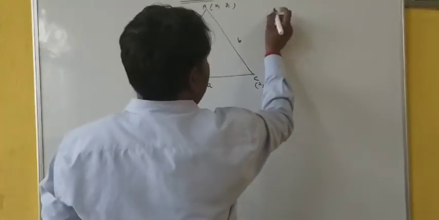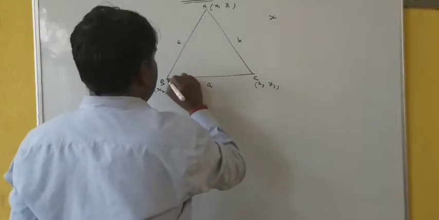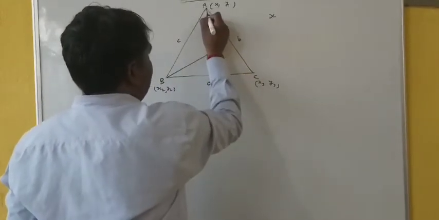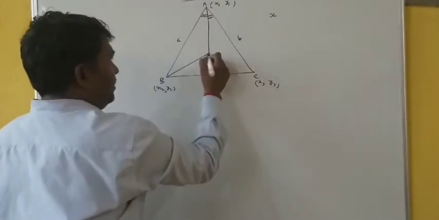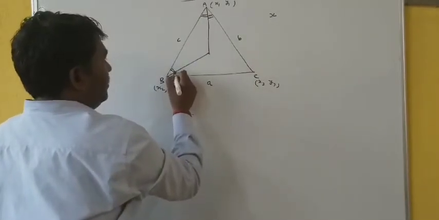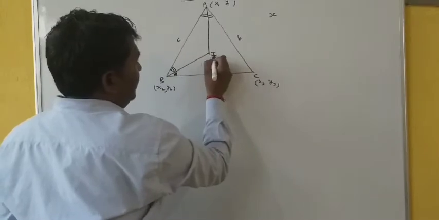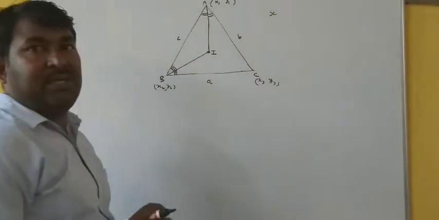Then the incenter I is the point of intersection of the angular bisectors. All these angles are equal, angular bisectors. That's why this point I is called the incenter.